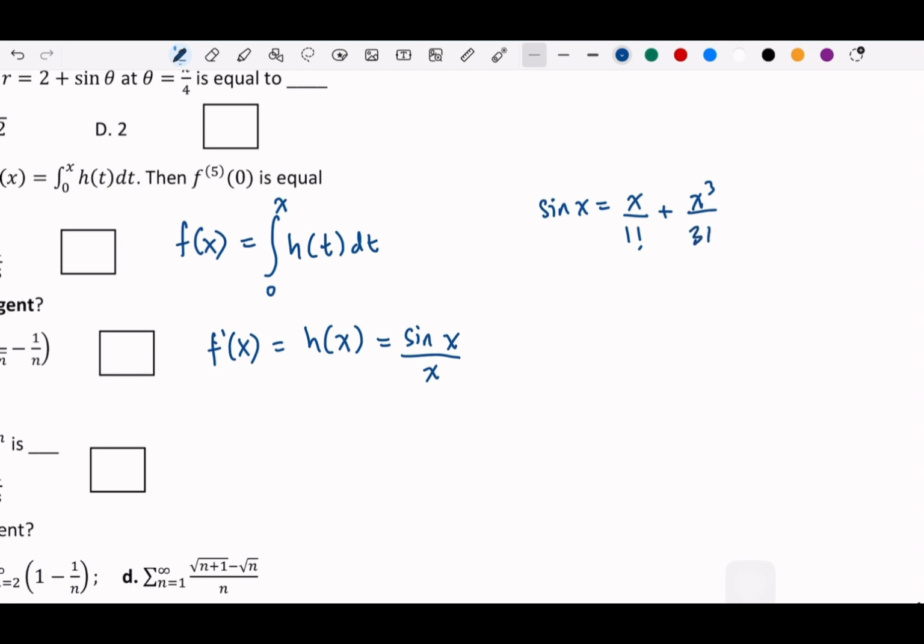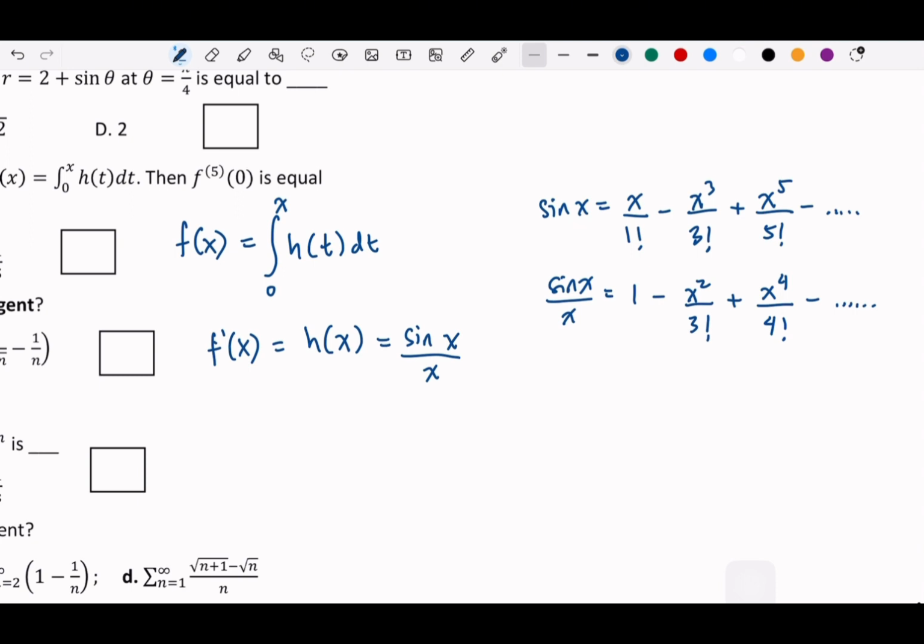All the odd powers for the x and the factorial, and it's alternating, sorry, it should be minus and minus. So sine x over x becomes 1 minus x squared over 3 factorial plus x to the power 4 over 5 factorial minus.